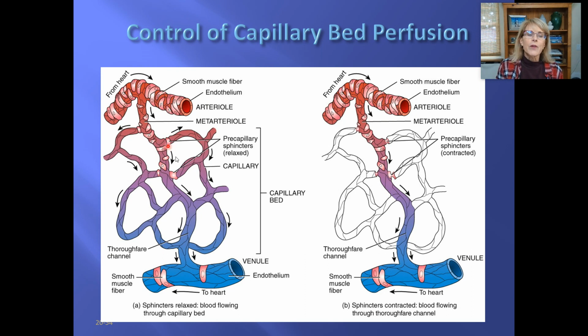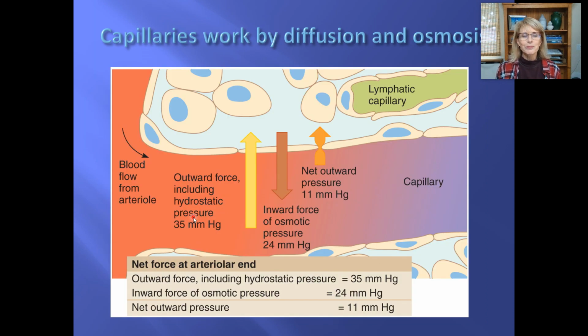And an acidic environment and lots of CO2 is going to cause these cells to relax. And when these cells relax, then blood goes through the capillary bed. So it's kind of like the skeletal muscle cells are ordering pizza whenever they want it. And when they're not hungry, they tell the pizza delivery guy, don't come.